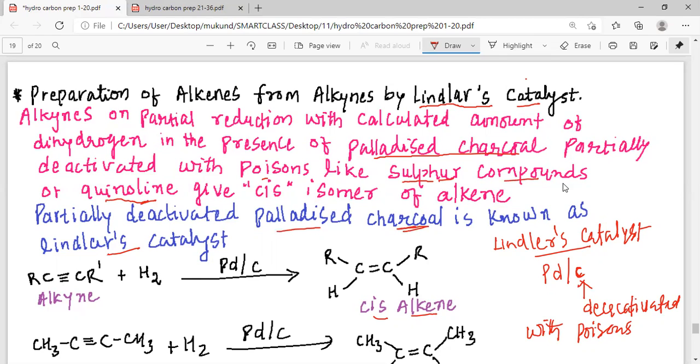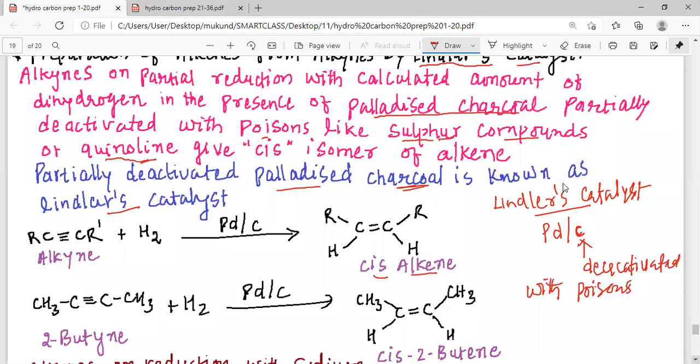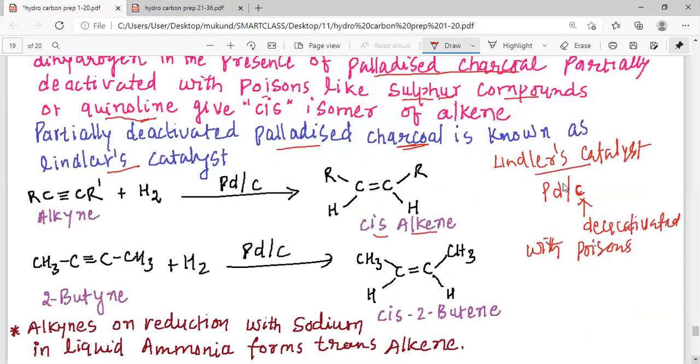Please remember, this partially deactivated pelletized charcoal, which is deactivated by poisons like sulfur compounds and quinoline, is known as Lindlar's catalyst. Please remember this because it may be a very important question for your exams.